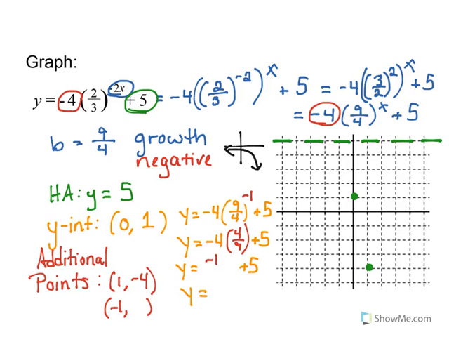We have negative 16 over 9. So I'm going to change that 5 to have a denominator of 9. 5 with a denominator of 9 is going to be 45. 45 minus 16 is 29. So this is 29/9.